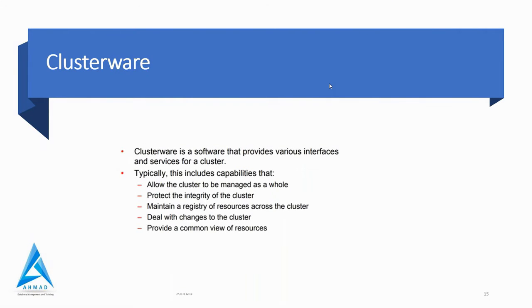Now clusterware. So clusterware, as you read, is software. There is a confusion between cluster and clusterware. A cluster is basically a mechanism where you have multiple computers connected with a network, and they behave as a single system.